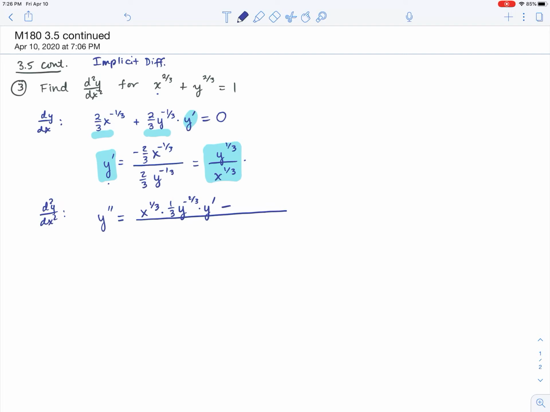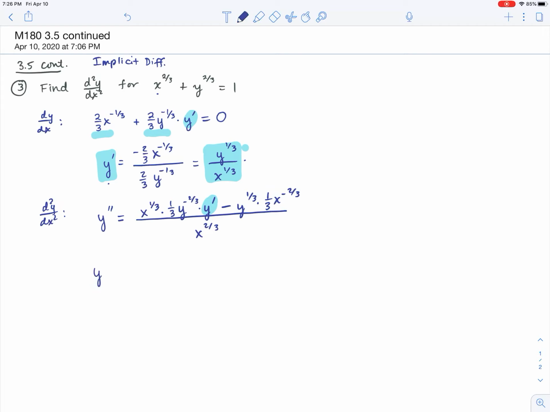Minus, so that was low d high, this is high d low, so y to the 1/3 times the derivative of x to the 1/3, which is 1/3 x to the negative 2/3. And then all over low low, so that's x to the 2/3. Notice y prime is in here, and we know y prime, so we can change that and we can perhaps reduce a few things.